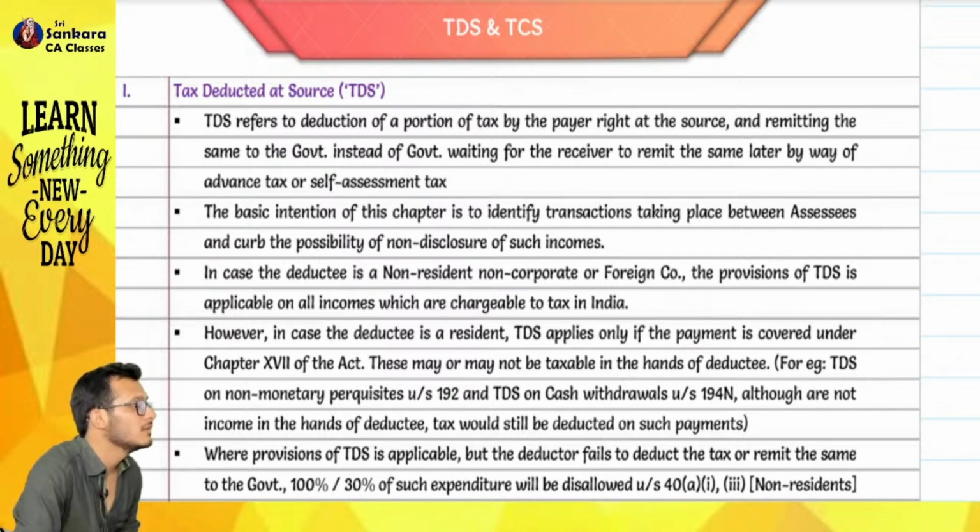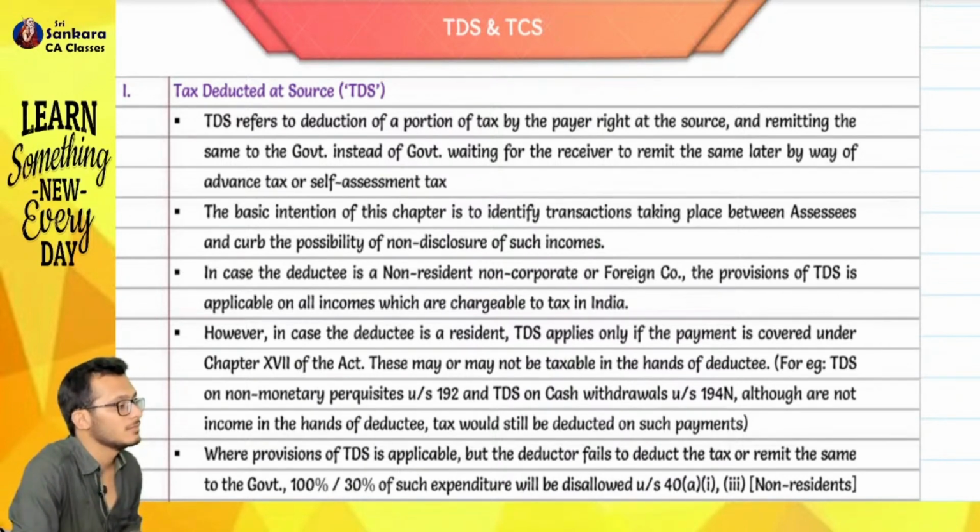If you debit someone, that is a debtor for you, not a creditor for you. What is the entry you will pass when you are going to pay someone? Expense to creditor account. Whom are you crediting? Creditor. It is the date of credit of the deductee in your books or date of payment, whichever is earlier.